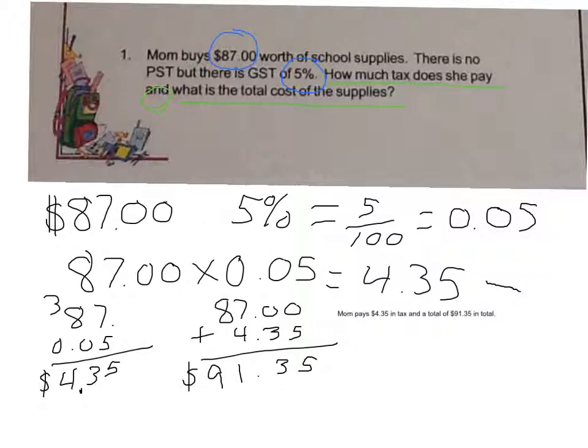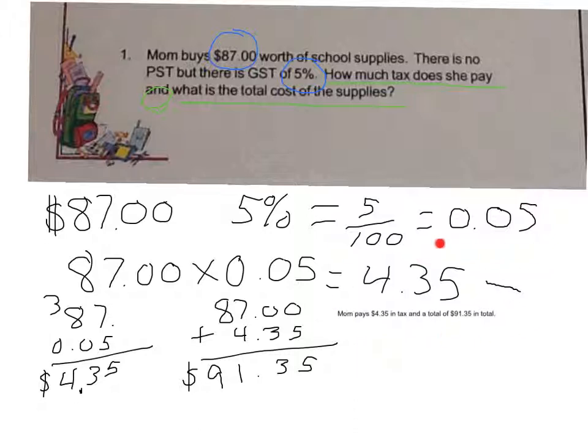The last step I really want to do before I go on is have a look and go, if I'm paying 5% for tax, 10% would be $8.70, because that would just be moving the decimal place back one over here. So 5% should be about half of $8.70, so it should be just over $4.